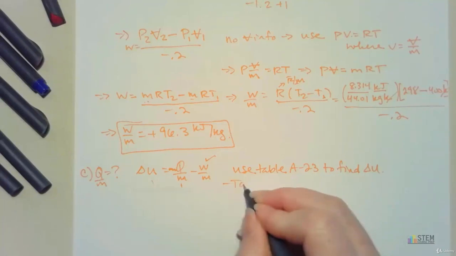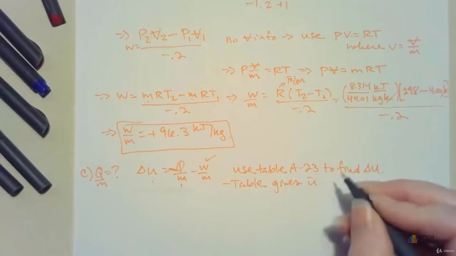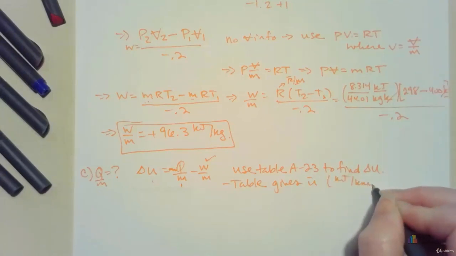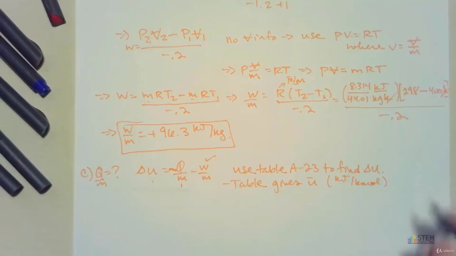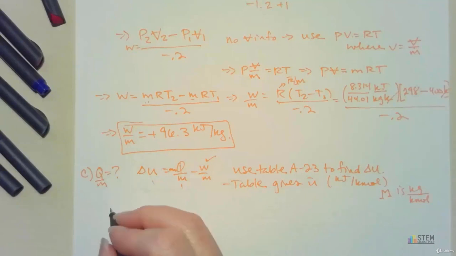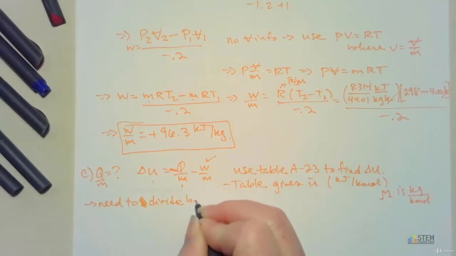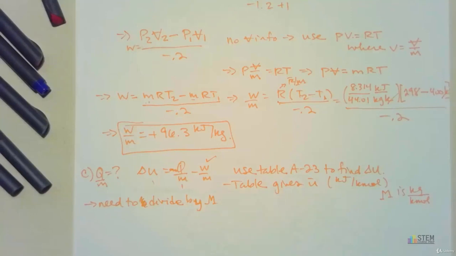Let's make a note about what we just said about the kilomole. The table gives U bar, which we said was kilojoules per kilomole. Remember that molecular weight is kilograms per kilomole. Now I just want to get kilojoules out of here, so we need to divide by molecular weight.